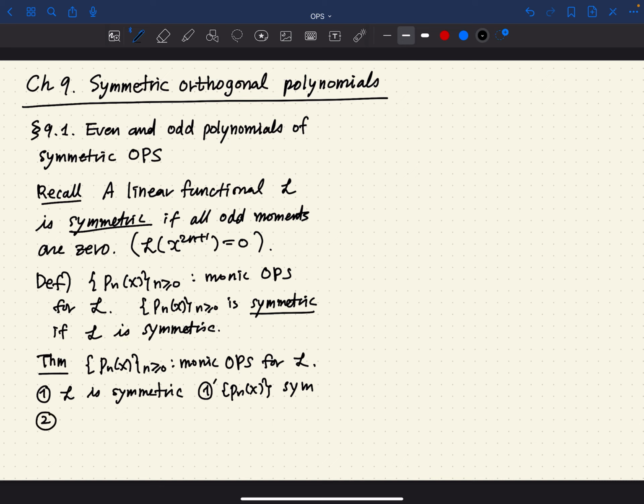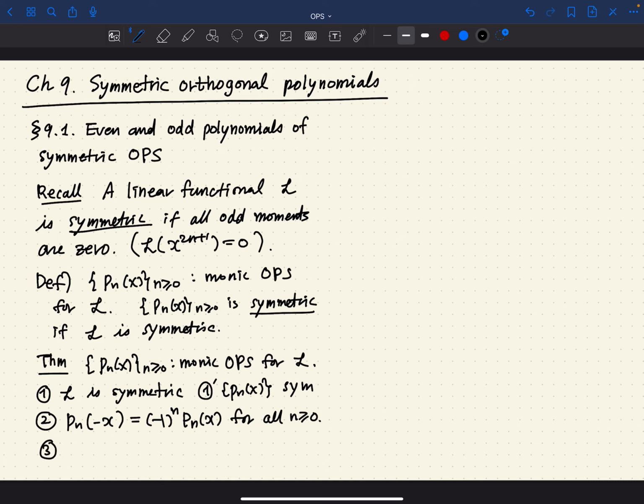And second, if you plug in minus x into P_n, then you get (-1)^n P_n(x) for all n greater than or equal to 0.